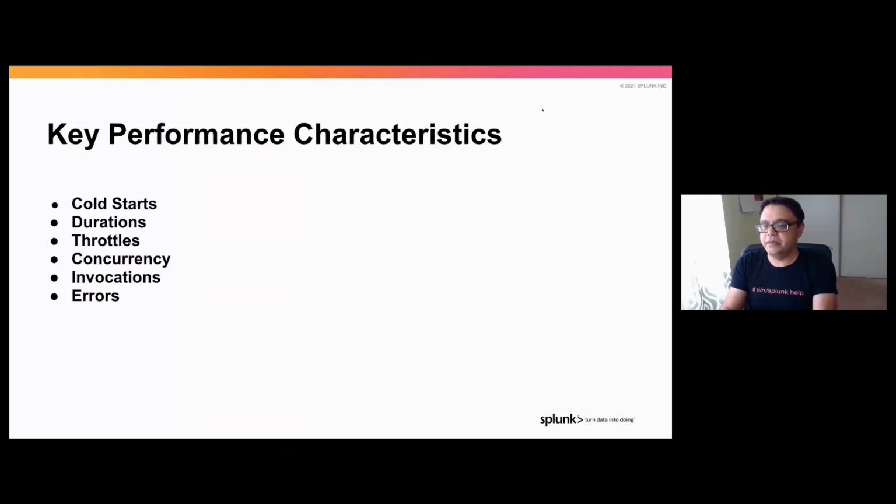So basically, we need real-time visibility into latency so that we can optimize how our resources are consumed. Cold start is a big one. Then duration. Again, we are billed based on the milliseconds of duration. Throttles.